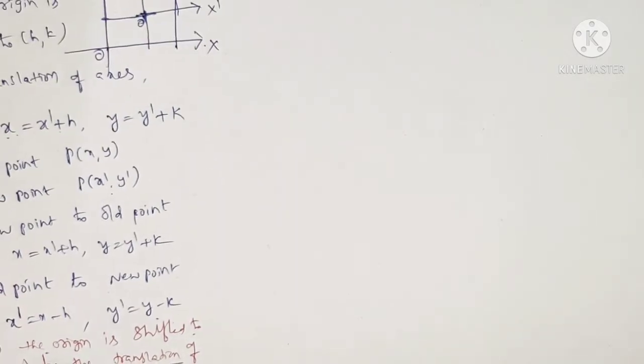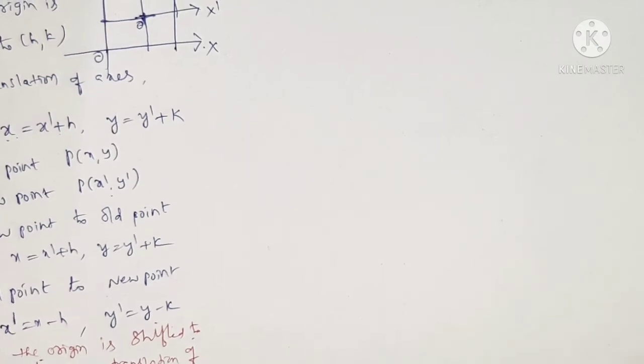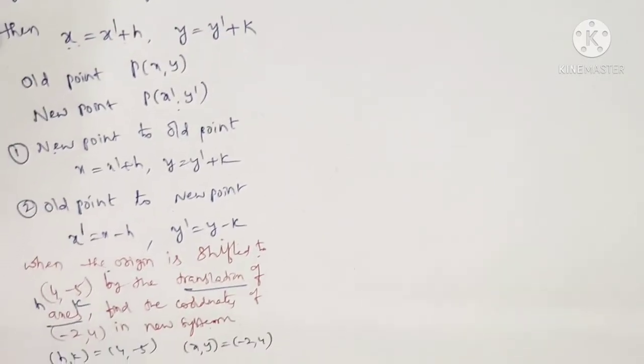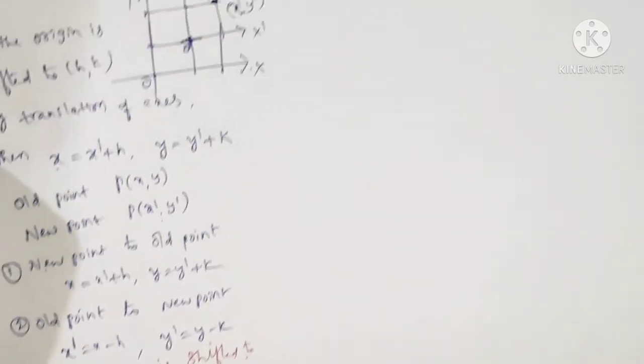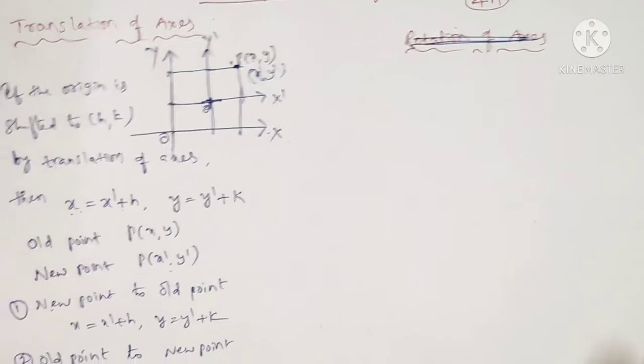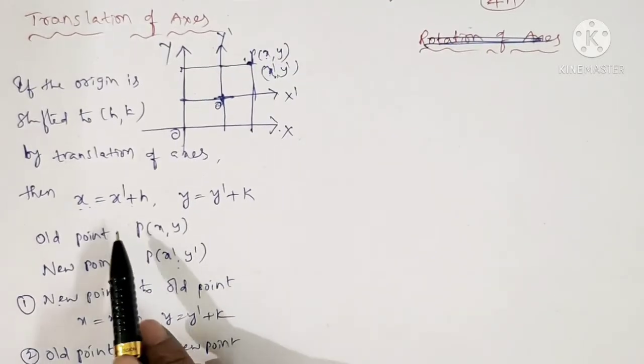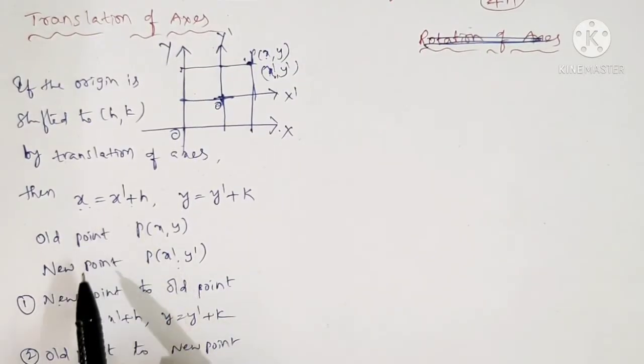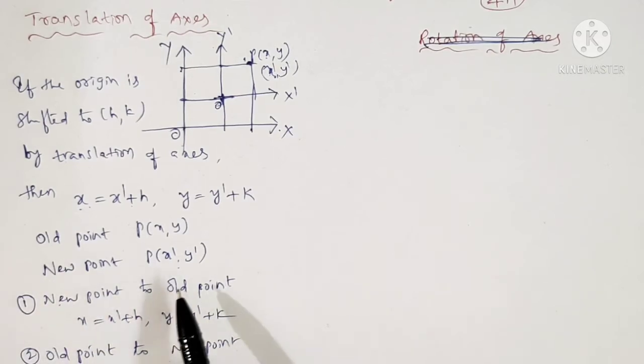Now what about the curve? Here we have discussed only the point. Now, how to find the curve? Till now we have discussed how to find the original point when the new point is given.